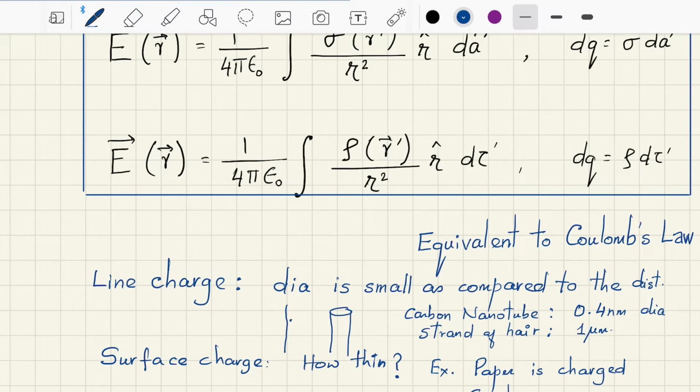The surface of a metal: we will see later that charges accumulate on the surface of a conductor. That's a surface charge. And typically it might even be a few atomic layers thick. So it could be as thick as paper, or it could be a few atomic layers.